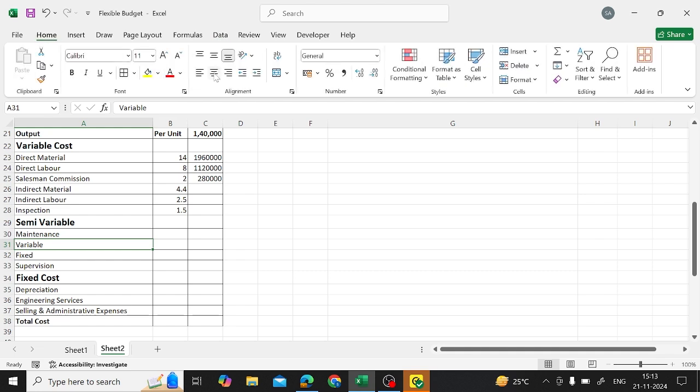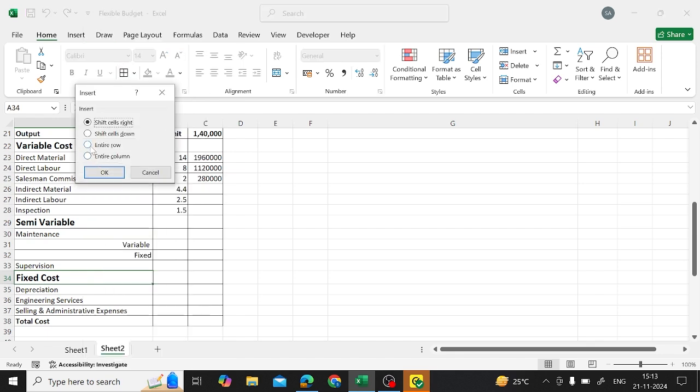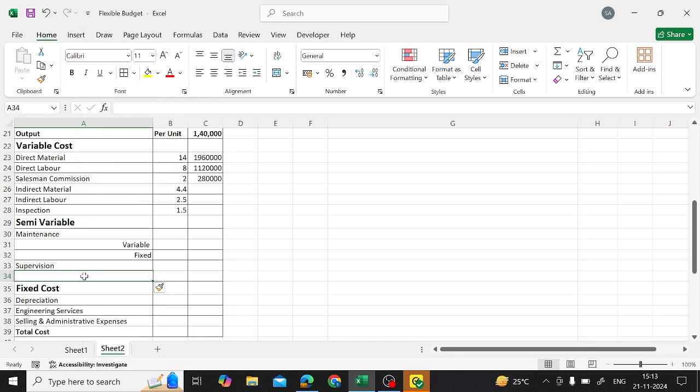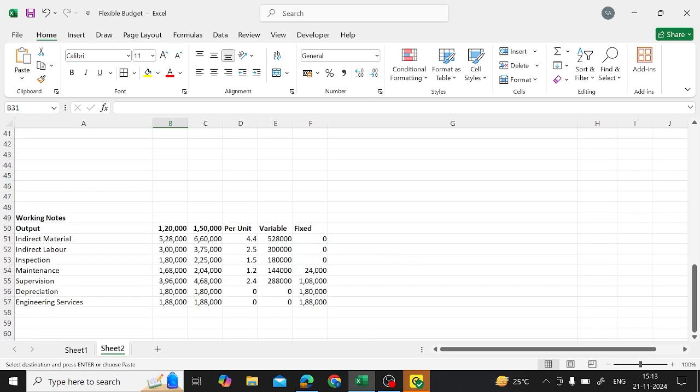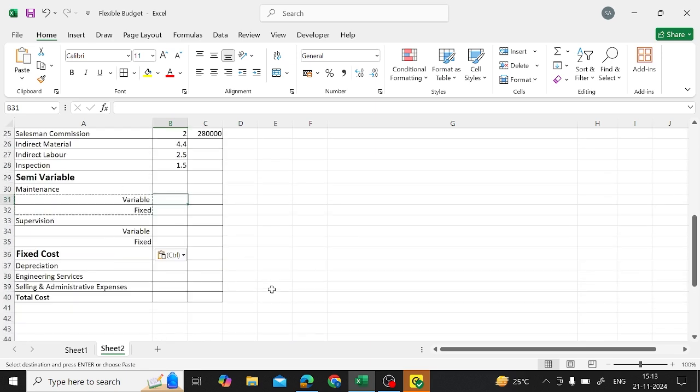What we can do is give this alignment. Similarly for the supervision also I have to insert. Okay, so for the maintenance the variable is 1.2, and for this 2.4.